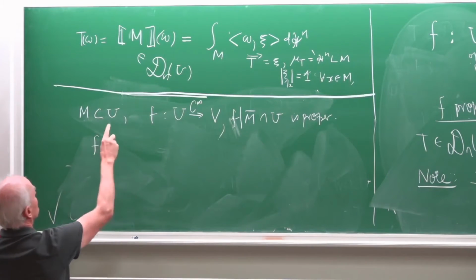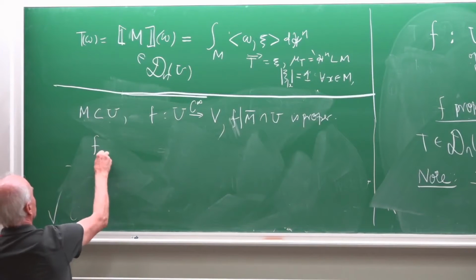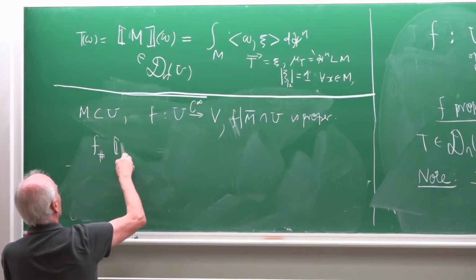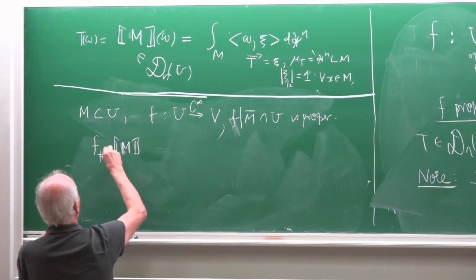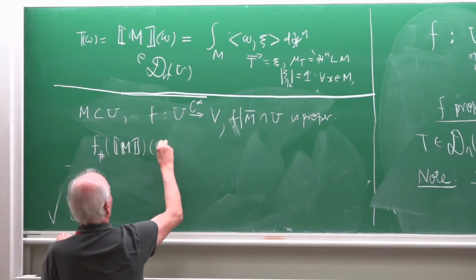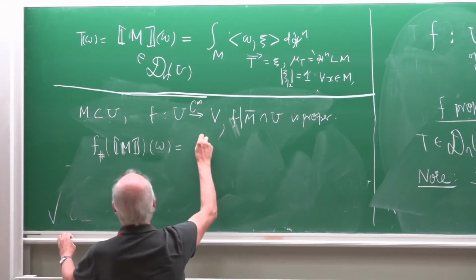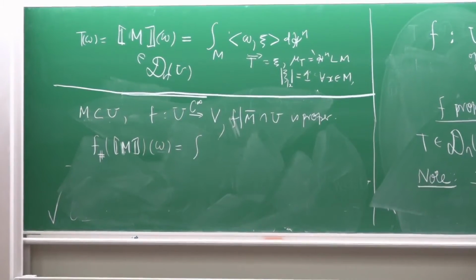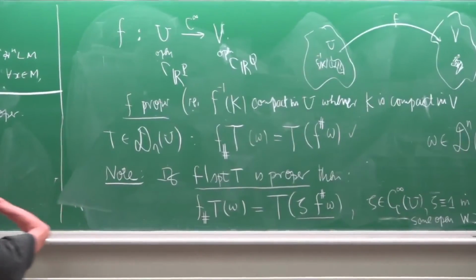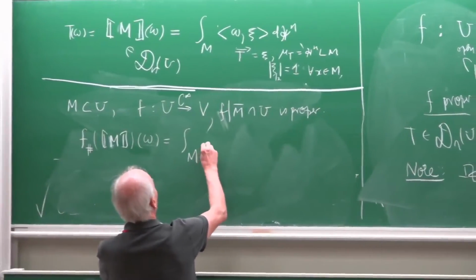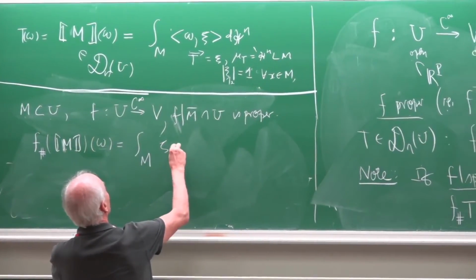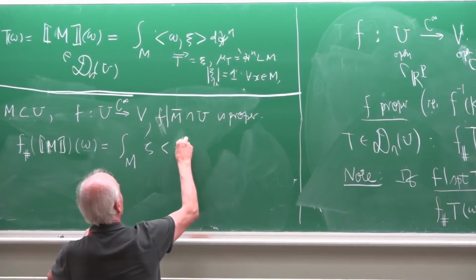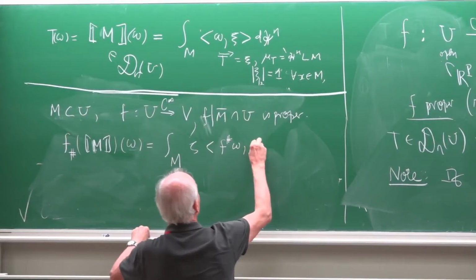Okay, let's see if we can work it out. So what would our definition say for this example? F sharp of M hitting a form omega would, by definition, be that we put in this function zeta and we pull back omega. So it's the integral over M of zeta times F pullback of omega paired with psi.